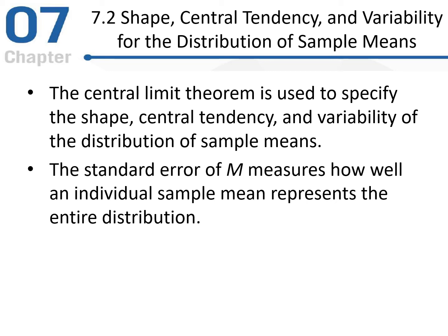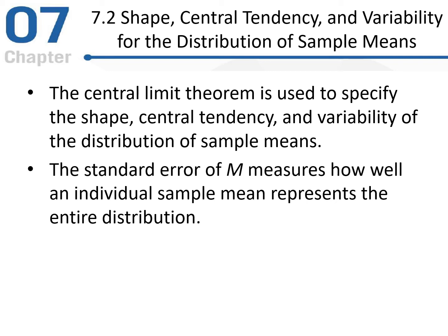And the third aspect of the central limit theorem is that the standard deviation of that sampling distribution of the mean is known as the standard error of the mean. So the standard deviation of the sampling distribution of the mean is known as the standard error of the mean.